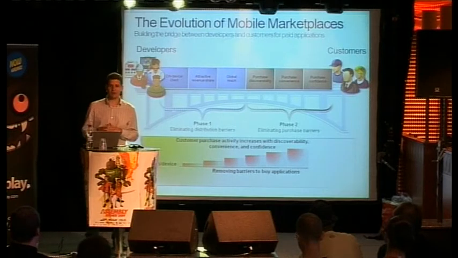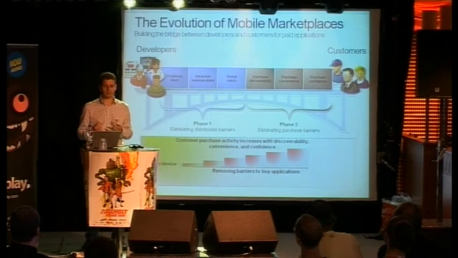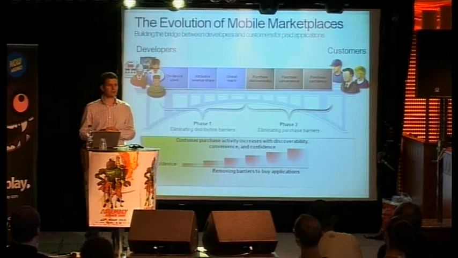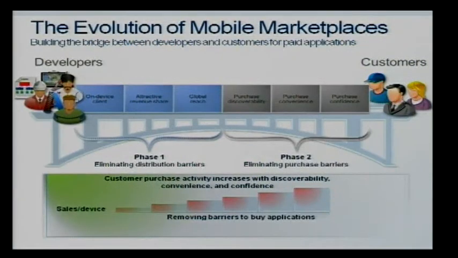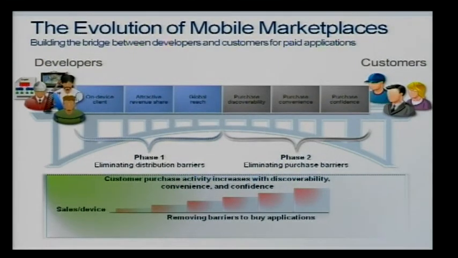A verifiable credit card system does create customer confidence in purchasing the application, how they get a refund, what their rights are. These are all things that in the past were quite difficult to quantify. As you can see from the diagram here at the bottom, it's about sales and devices, but the key thing here is removing the barriers to buy applications, making it easy.